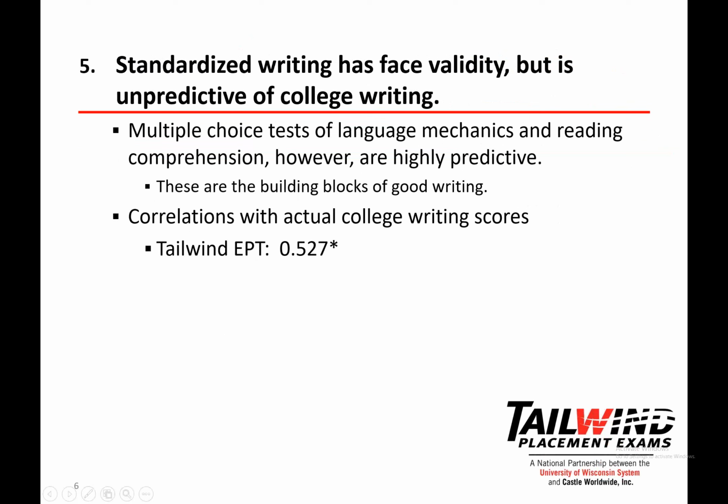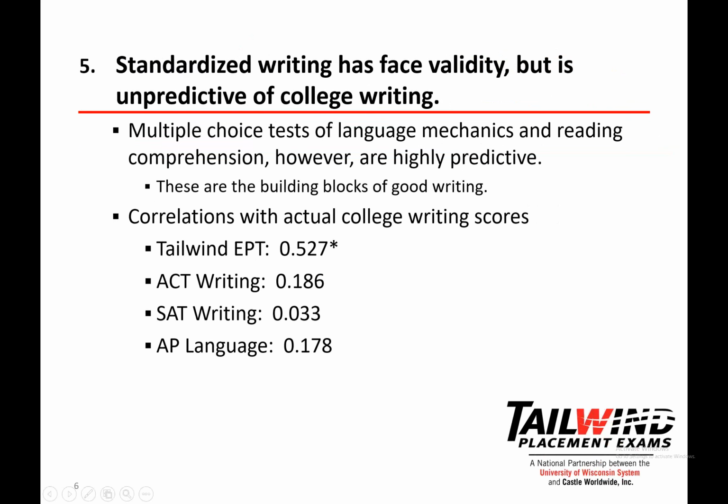What we found was that the multiple choice test, the Tailwind EPT, had a large and significant correlation, whereas the writing tests, and you can see I'm including the AP language test here because that's also predominantly a measure of standardized writing. They all had low correlations, and all of them were not even statistically significant, which means that they weren't even statistically different from 0.